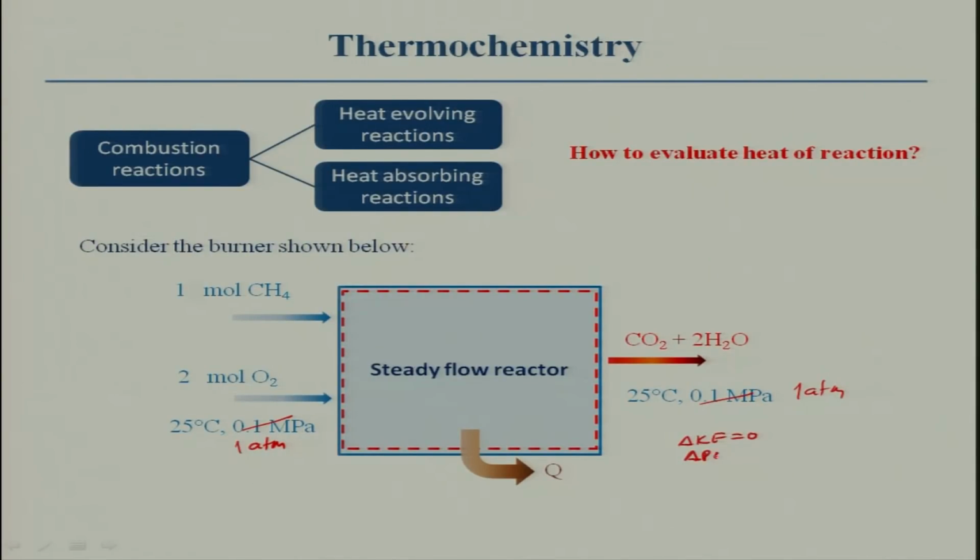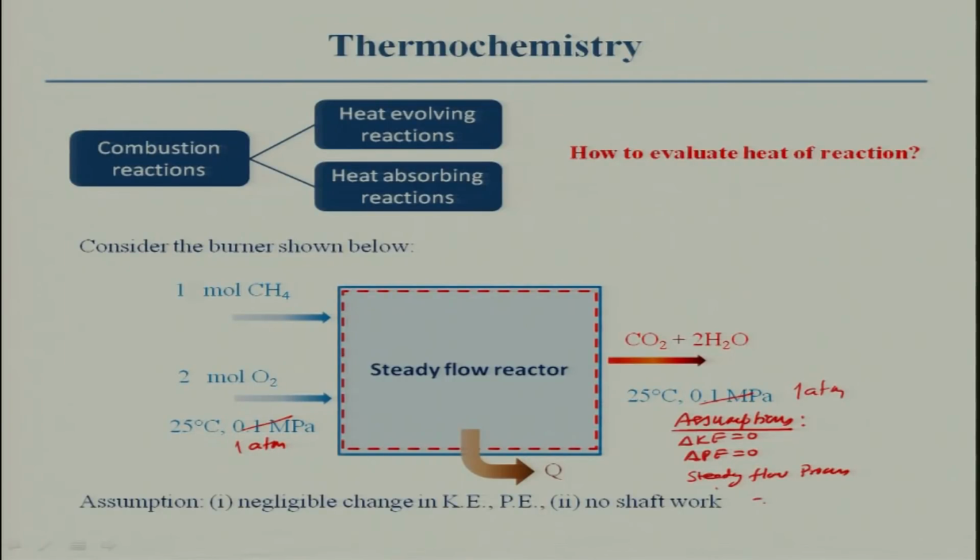Change in potential energy is also 0. And it is a steady state, steady flow process, okay. In this example, these are the assumptions. And there is no work done, the shaft work is 0. So, with these assumptions we can find out, which is very easy.